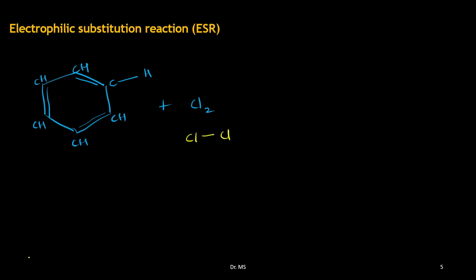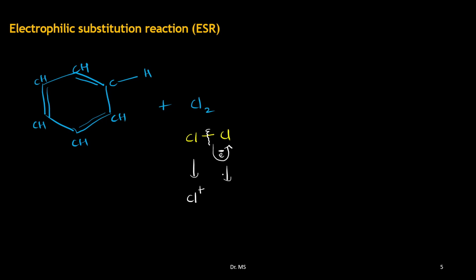So what happens if I break the bond between the chlorine and chlorine? If I break this bond, the electrons present here have to shift to one chlorine. When electrons are shifting to one chlorine, one chlorine will become positive, the one which lost the electrons.